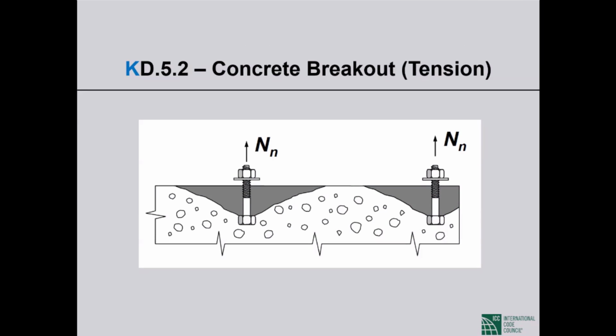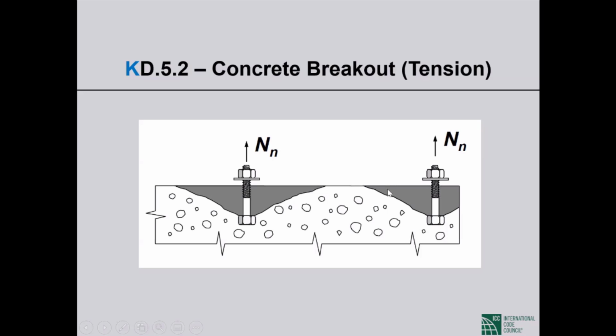Second failure mode, concrete breakout. This is what it looks like. The anchor, when it comes out, takes a truncated pyramid with it, failure angle 35 degrees. Obviously, if the anchors are close to each other, then those failure surfaces will interfere.